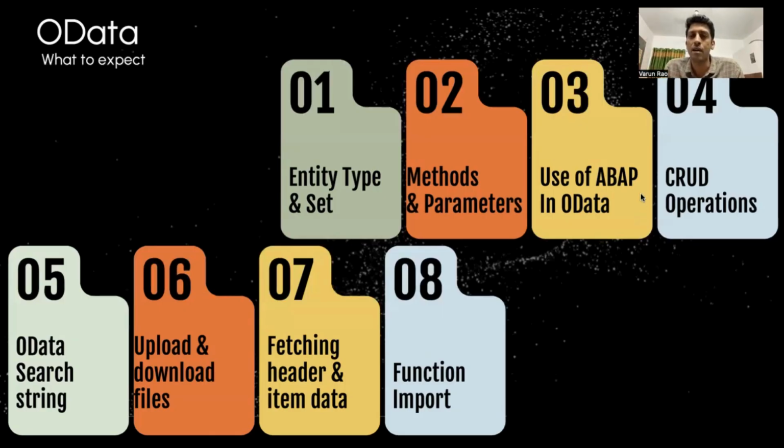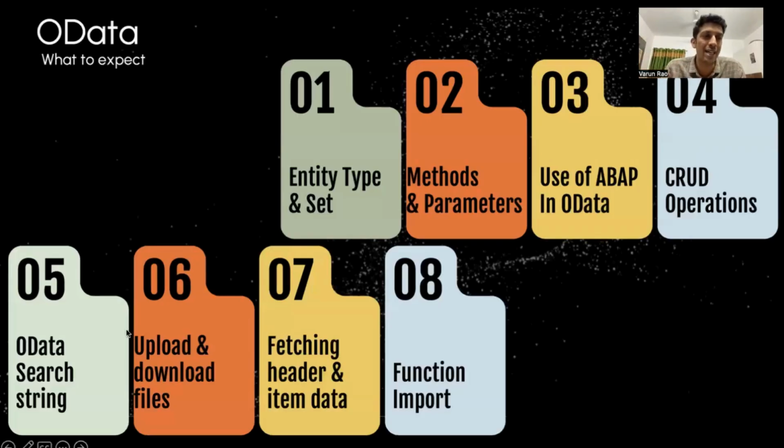You have the use of ABAP in OData, followed by CRUD operations. CRUD is create, read, update, and delete. So if you're doing an operation in the front end as an end user, then you expect the changes to happen in the back end as well. For that, we would have to write certain operations, which are called CRUD operations.